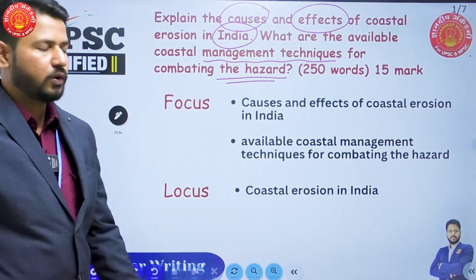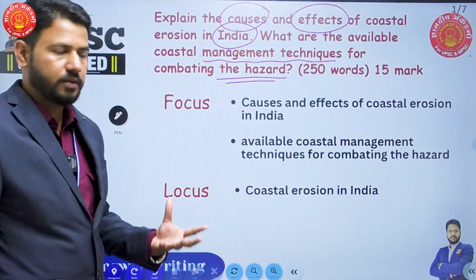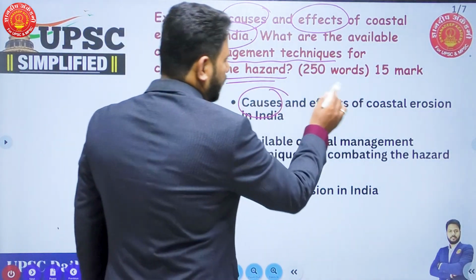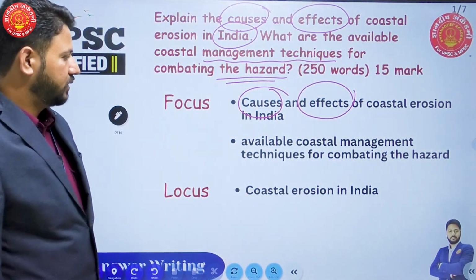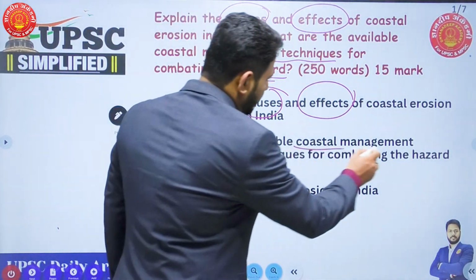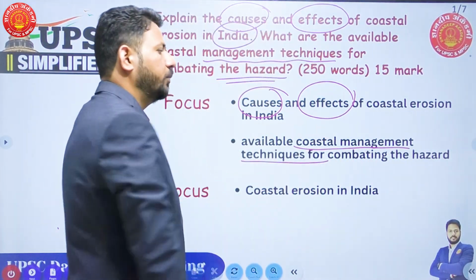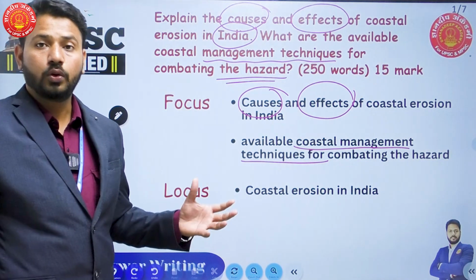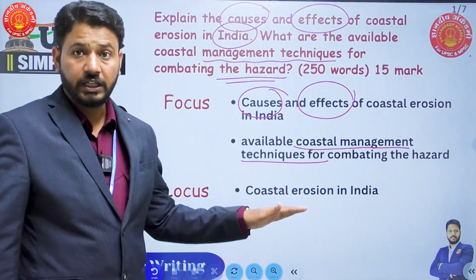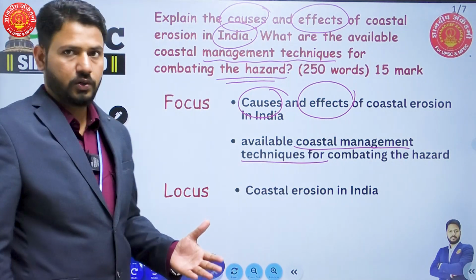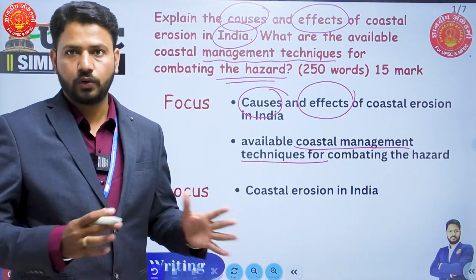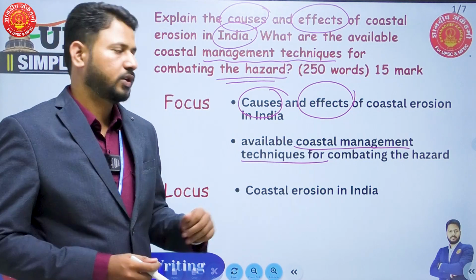So automatically the focus of the question becomes the causes and effects of coastal erosion in India. And the second focus is the available coastal management techniques for combating the hazard. And the locus of the question is the coastal erosion in India. Now, when you start the answer, you'll have to write about coastal erosion, but you'll have to mind your words. We just cannot go on and on writing about coastal erosion here.